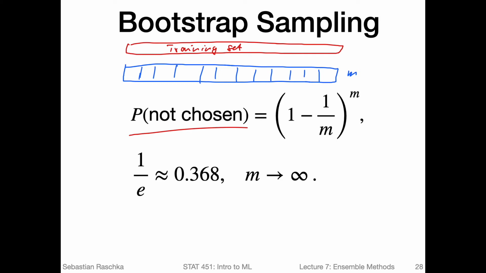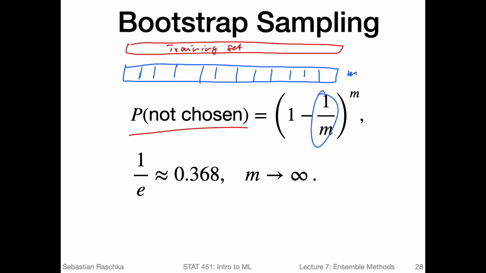And in each position, we draw a random data point with replacement from the training set. So the chance of drawing exactly this one here is 1 over m, because there are m examples in the training set. And we can also draw this one or this one. So there's a 1 over m chance that we draw a particular data point.